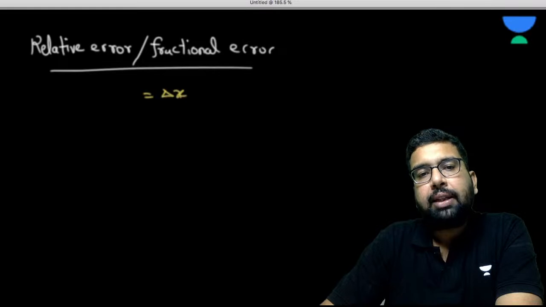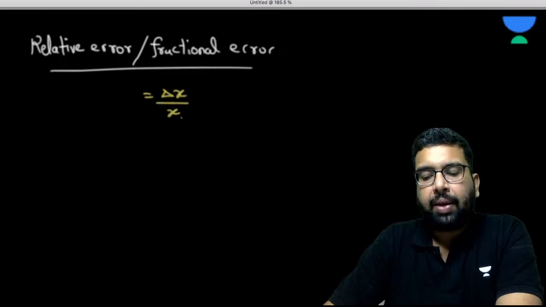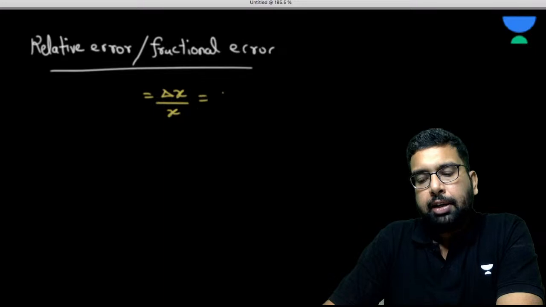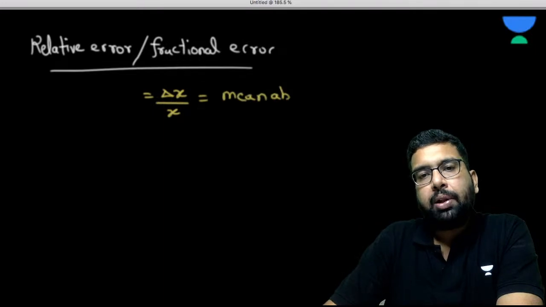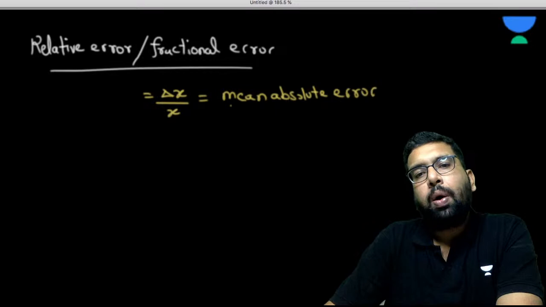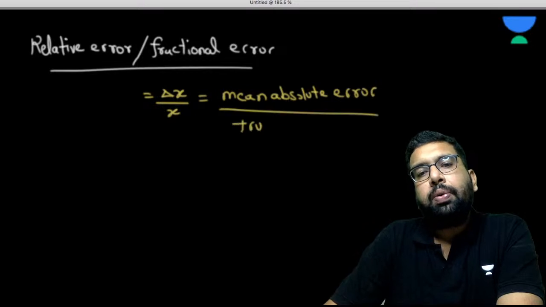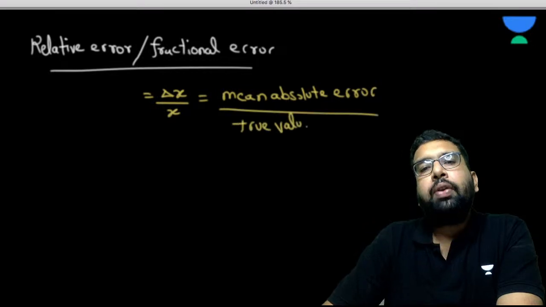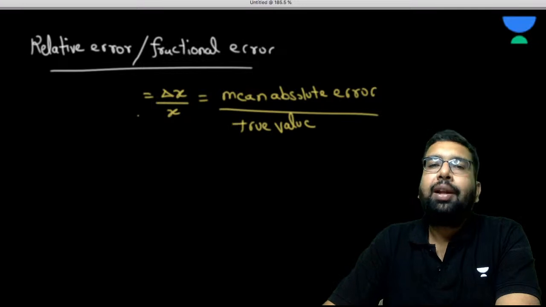We can call it delta x by x, that is, the mean absolute error upon the true value. So the relative error is the mean absolute error upon the true value.